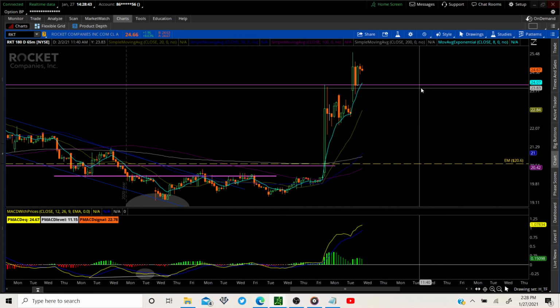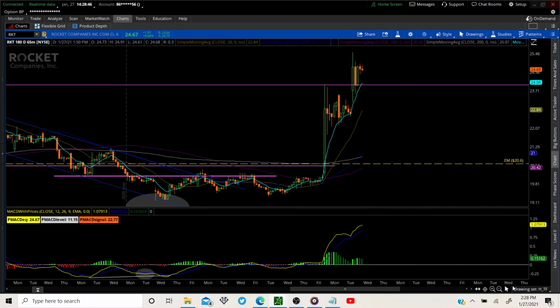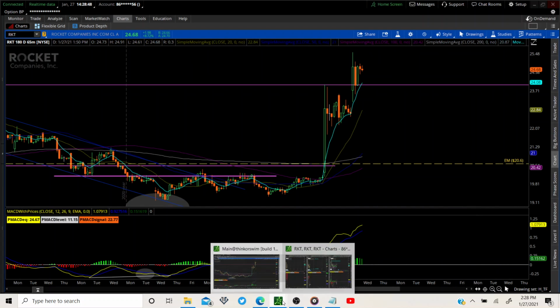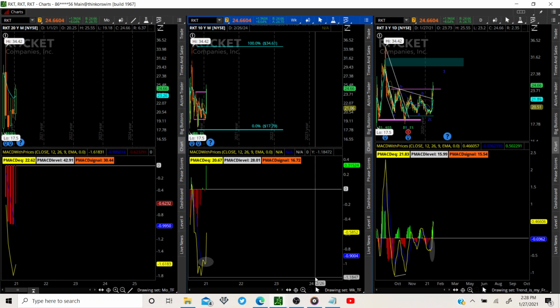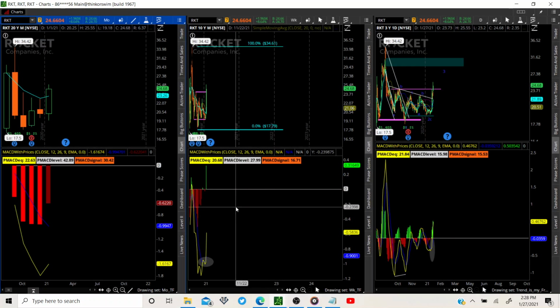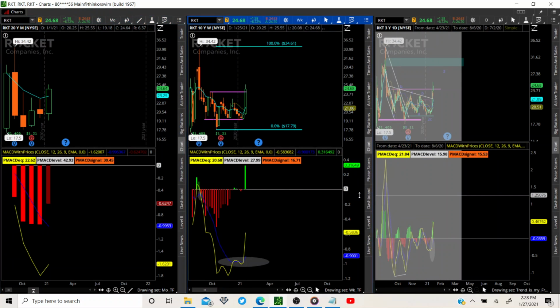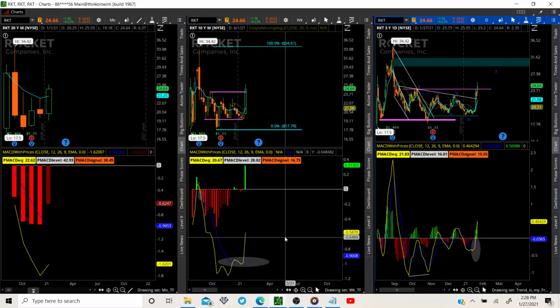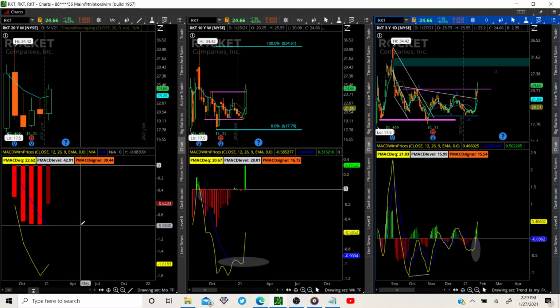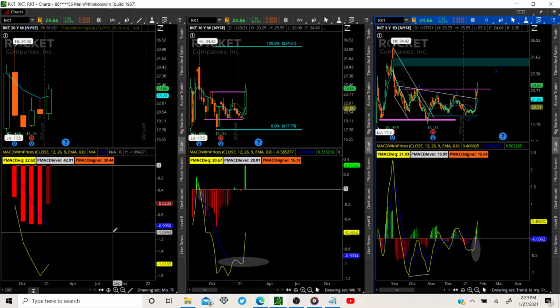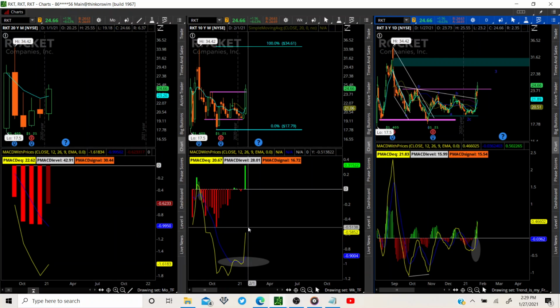Okay, so we're on the 65-minute, but I'm going to bring up a different chart. I'm going to bring up my other screen. And what we have here, I use all 4 of those screens to give me a quick visual when I'm choosing my watch list, because I want to make sure all of the momentum on different time frames are facing the same direction, or at least about to turn that direction, so I can get in on either a reversal or get in with the trend.